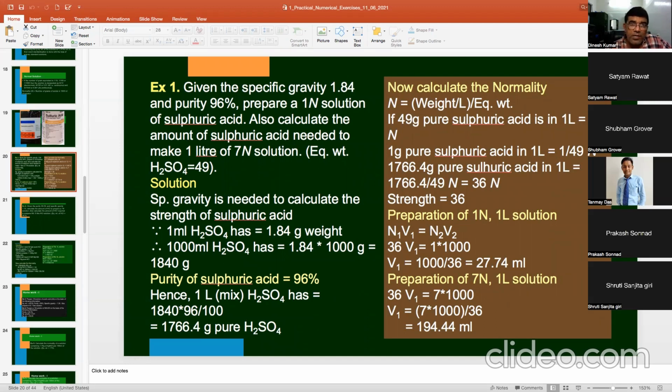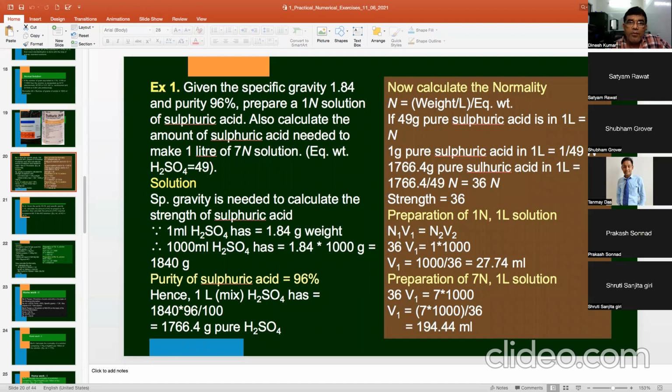So actually, the bottle which is available in the laboratory is a solution where you have some quantity of sulfuric acid dissolved. And if you see the specific gravity of this solution, which has impurities, because it is 96% pure and 4% impurities, overall the specific gravity of the material is 1.84.